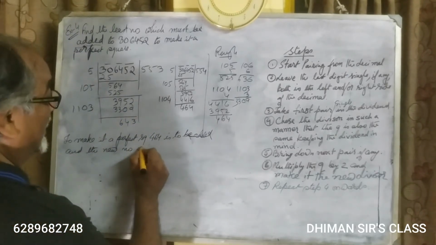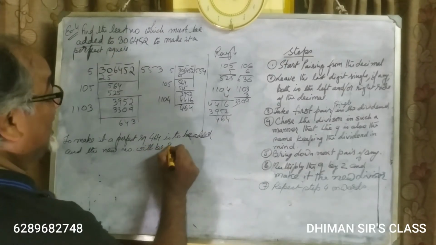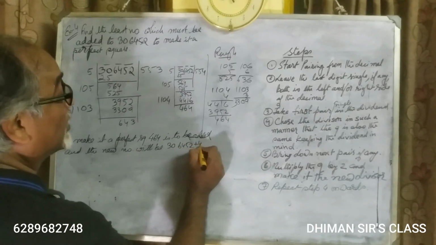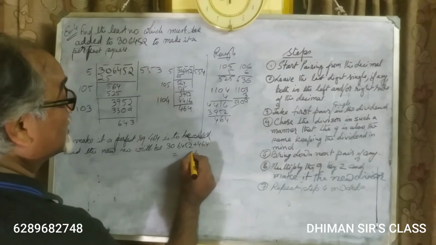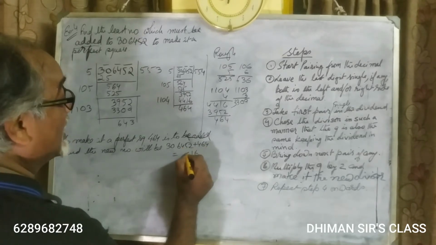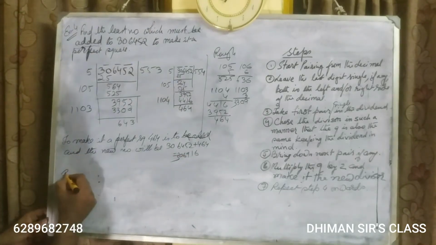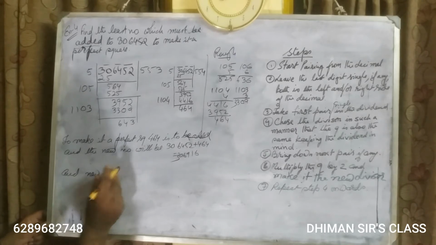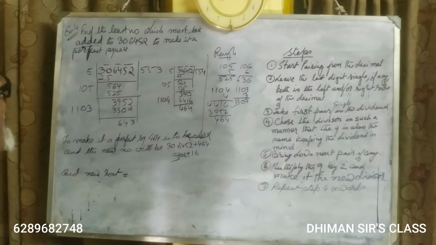The number will be 306452 plus 464 equals to 4 plus 2, 6, 6 plus 5, 11, carry 1, 5 plus 4, 9, 306916, and the new root is equal to how much? 554.